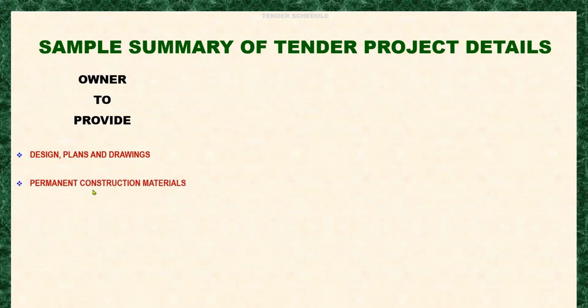Okay, let's create a sample summary of tender project details, assuming the conditions of contract are as follows. Owner to provide design plans and drawings, and permanent construction materials.